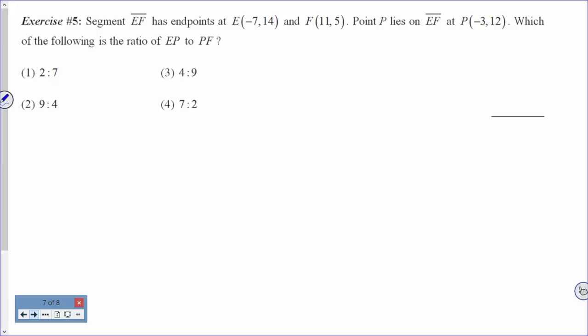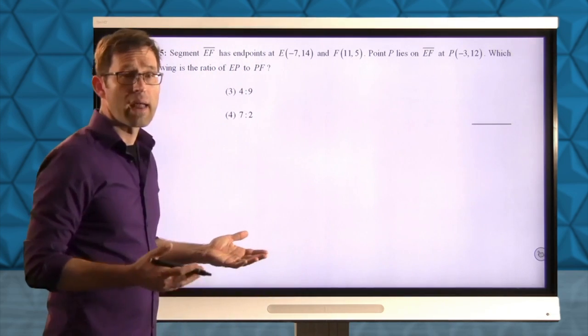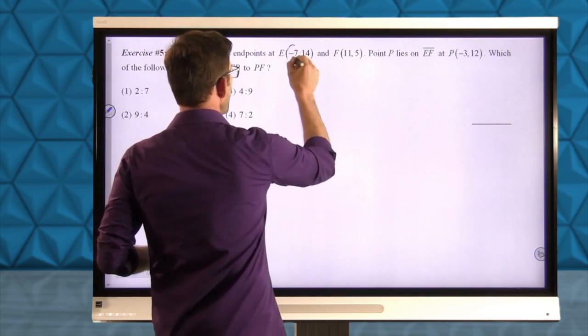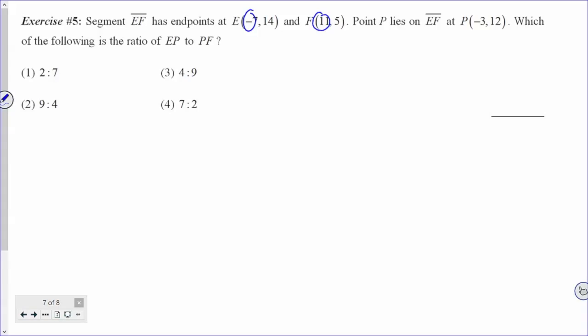EP to PF. All right, now not that it matters that much, but if I want to draw a little sketch of this, notice that we're going from -7 to 11, so that's getting larger, but we're going from 14 down to 5, so that's actually decreasing. So my picture, if I really wanted to get into it, E at (-7, 14), and F at (11, 5).